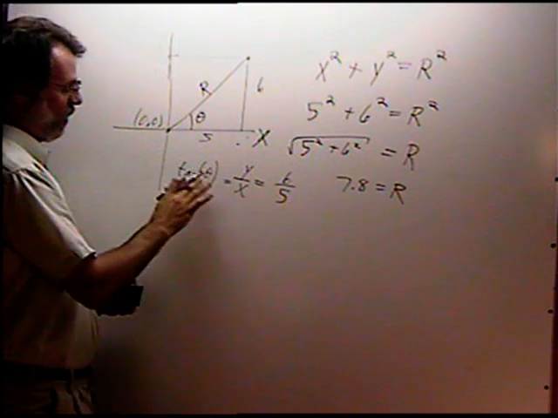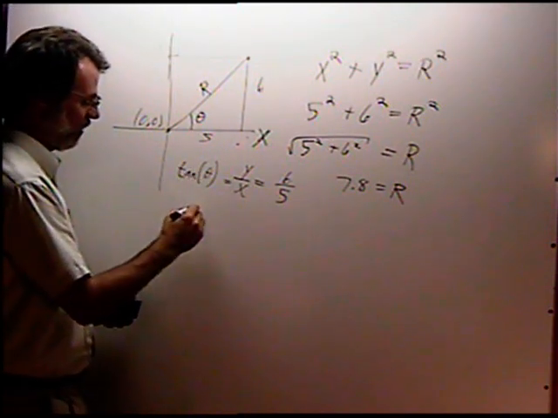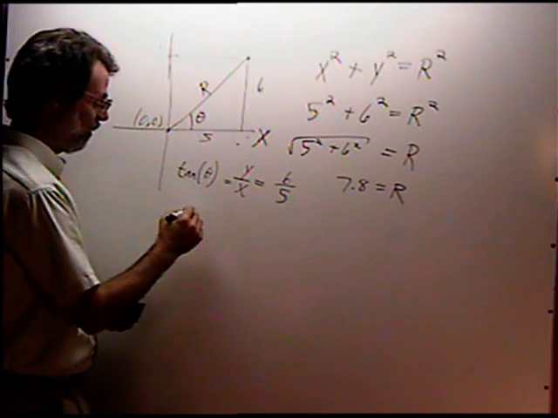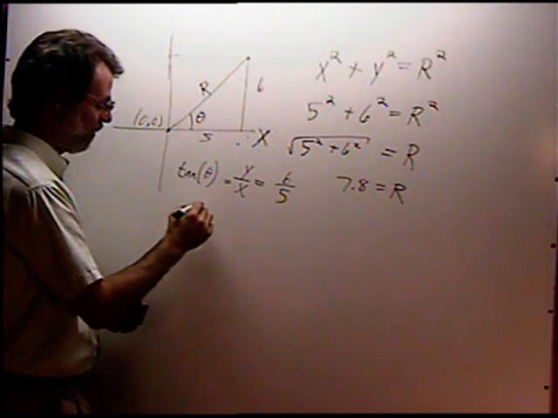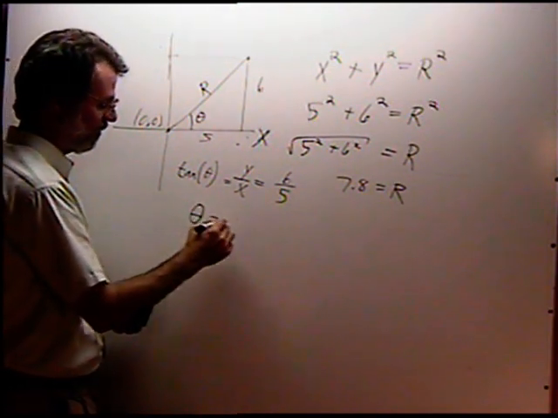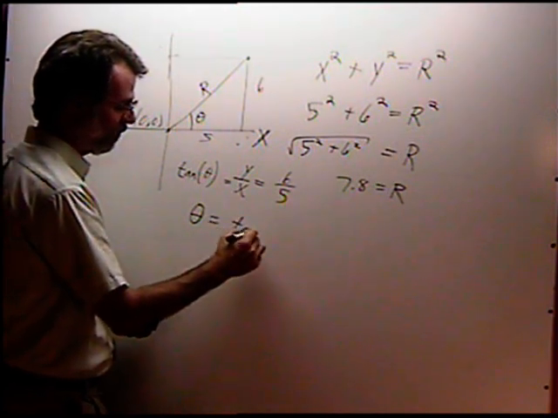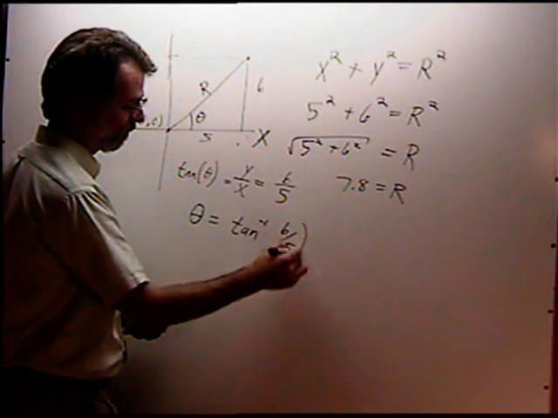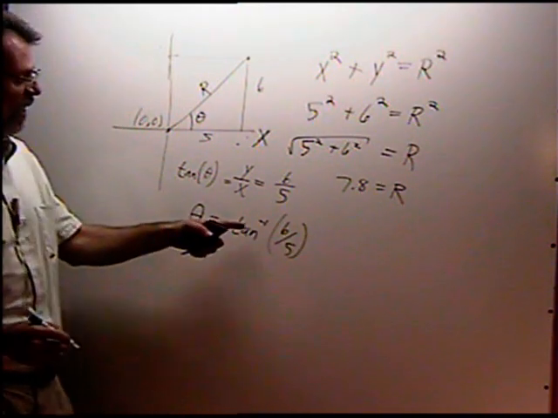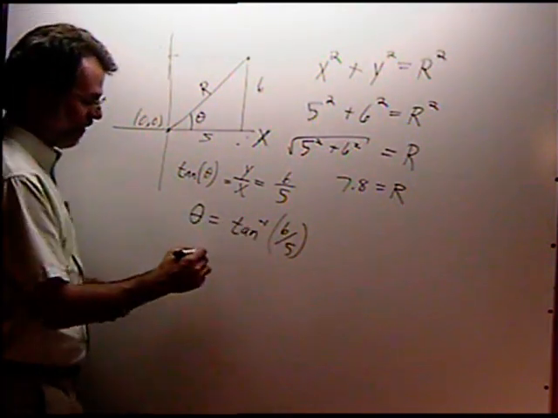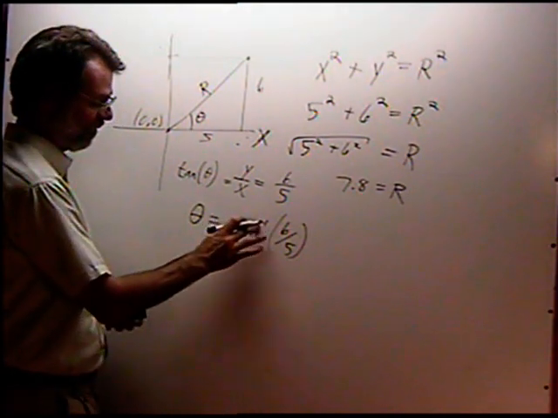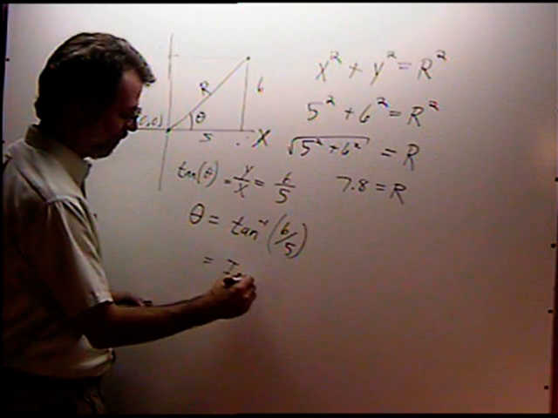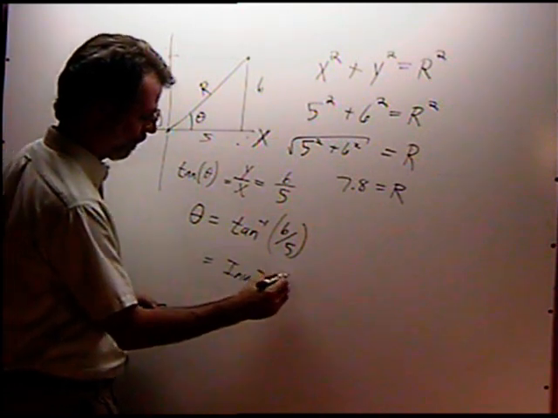In order to find out what this angle is, I take what's called the inverse tangent function. So I can rewrite this and say that theta is equal to the inverse tangent of 6 over 5. And this is just typically how we write it. Sometimes on a calculator you'll see this little button, or it will say inverse tangent.